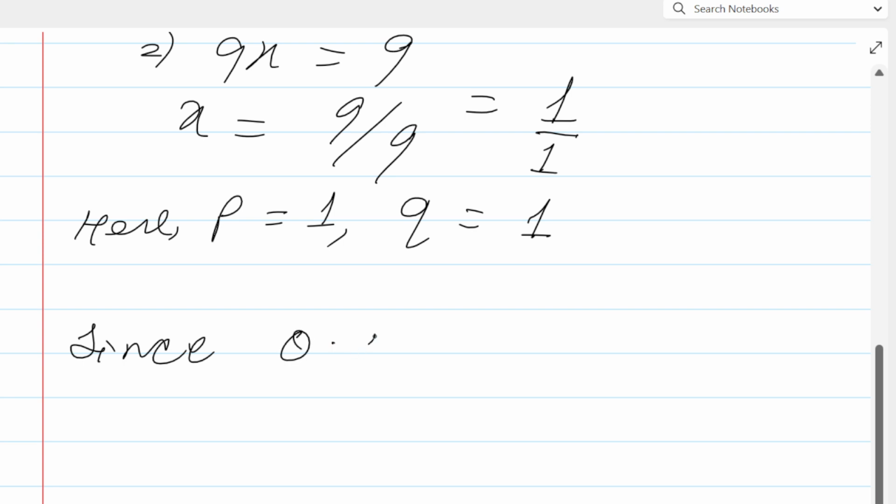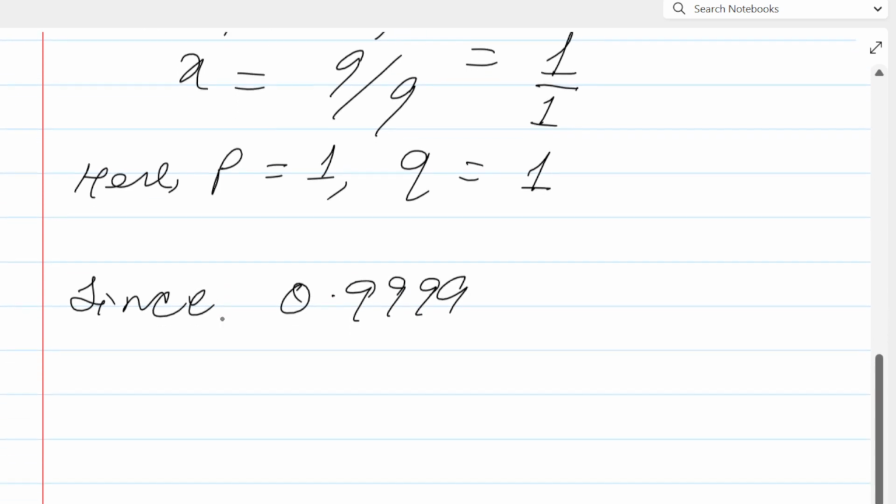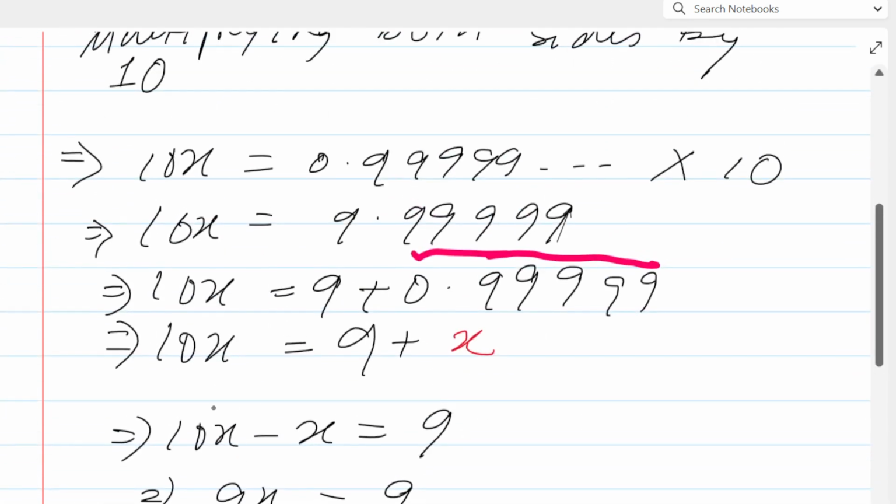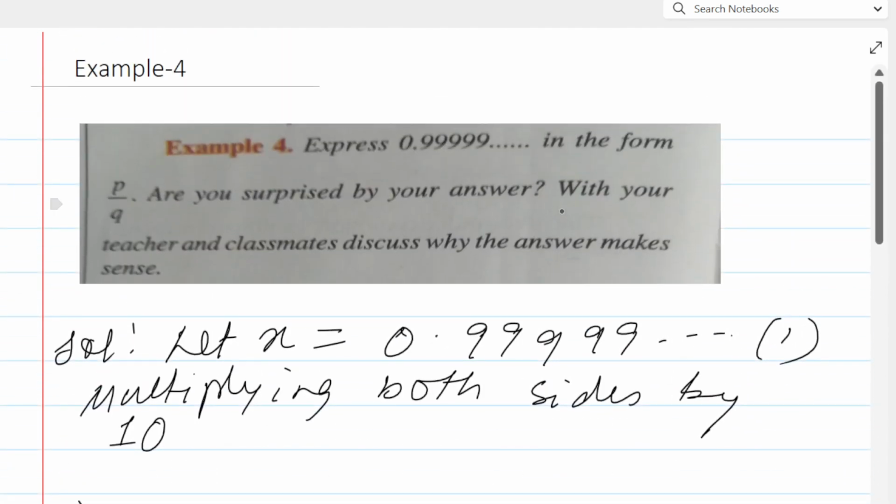If you see the question here, 0.99, it goes on, keeps on going. 0.999, after that 0.99999, and what is the answer I'm getting? I'm getting 1.